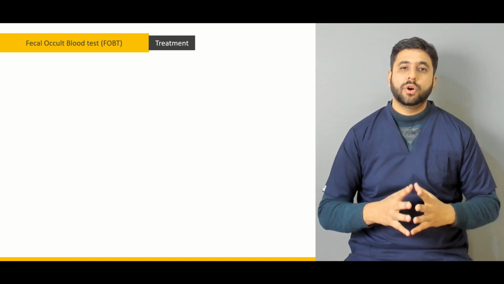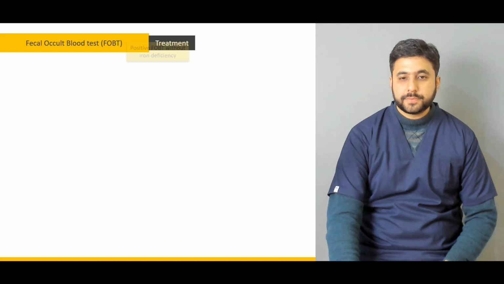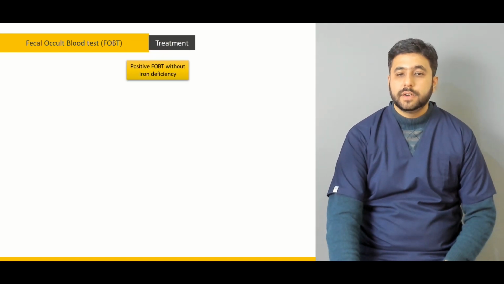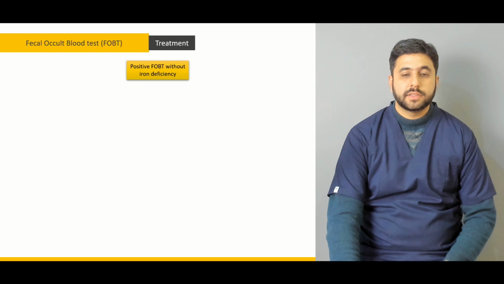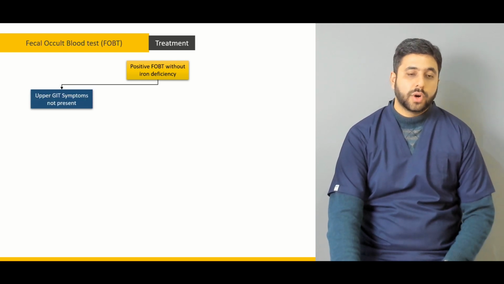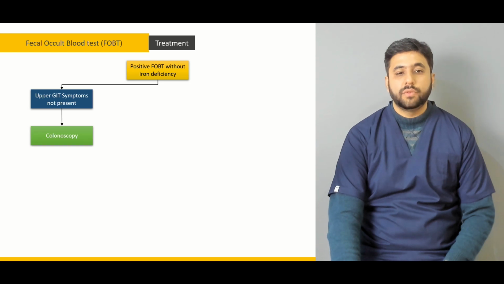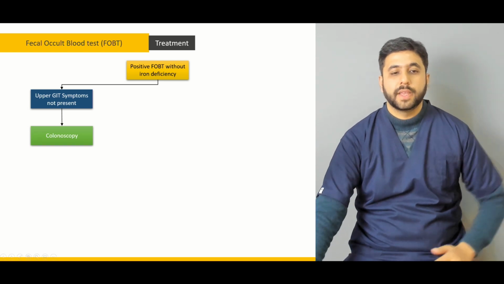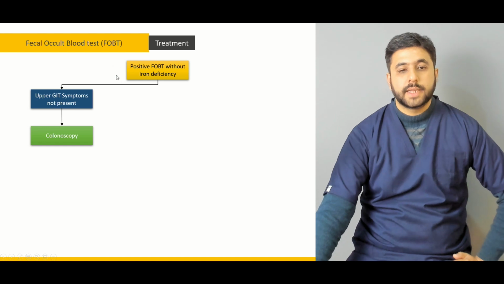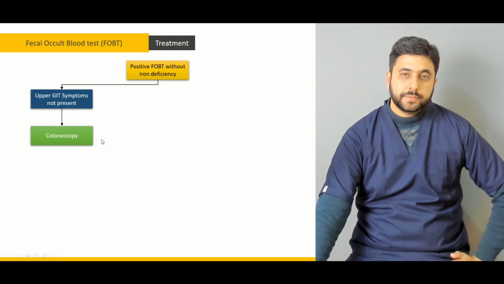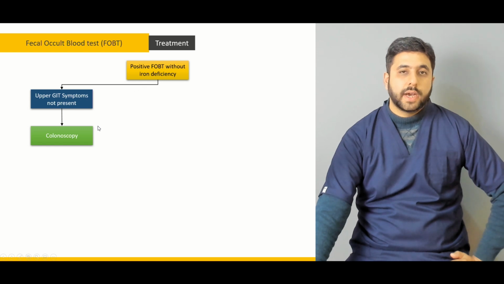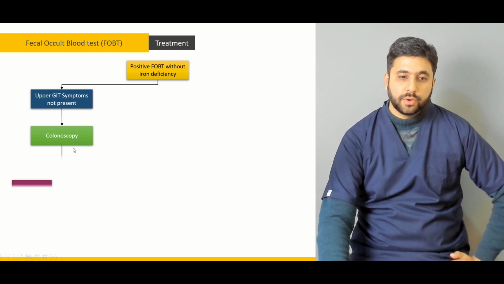If we find the fecal occult blood test positive, but without iron deficiency, the patient doesn't have anemia, and there are no upper GI tract symptoms, what we do next is the colonoscopy. The upper GI symptoms are not present, then the test more or less indicates that this is a lower GI pathology. But if there is no iron deficiency, we go and do the colonoscopy.